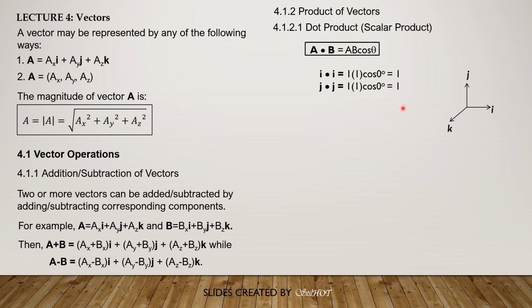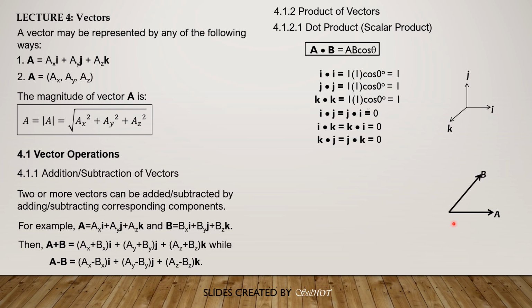So j dot j is also 1, k dot k is also 1, and i dot j is 0 equals j dot i. i dot k is equal to k dot i, 0, then j dot k equals k dot j, 0. By the way, that product is commutative.